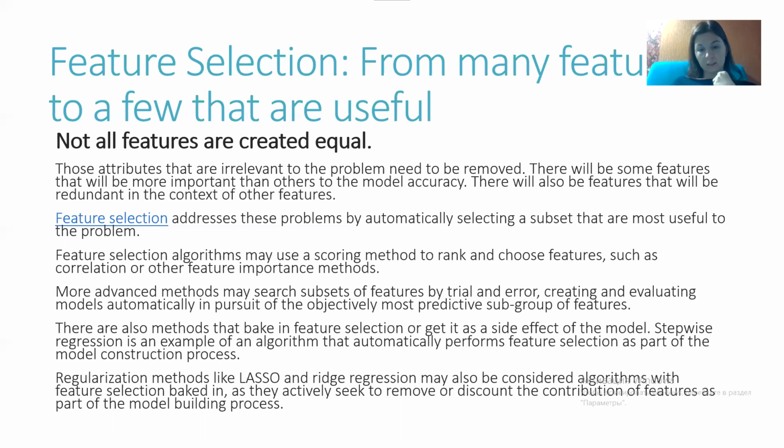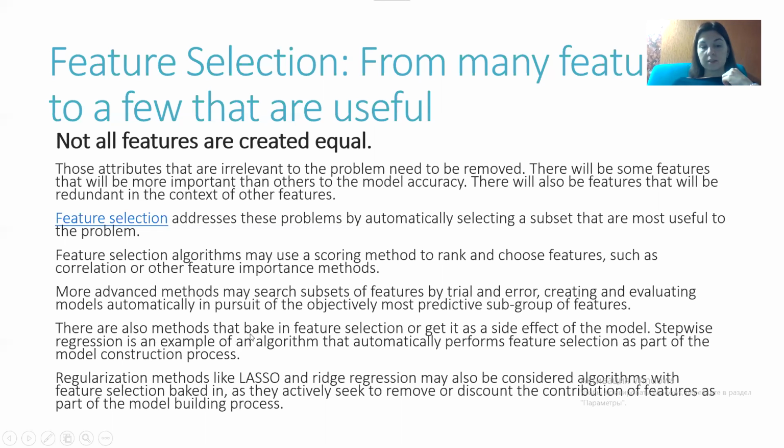You construct a model using 2 features, 3 features, 4 features, 5 features, and so on. Save the value of accuracy that you have here, and after that, select the best subset.